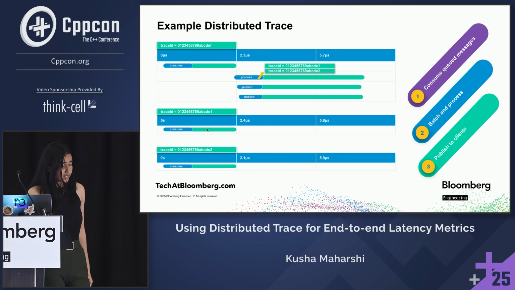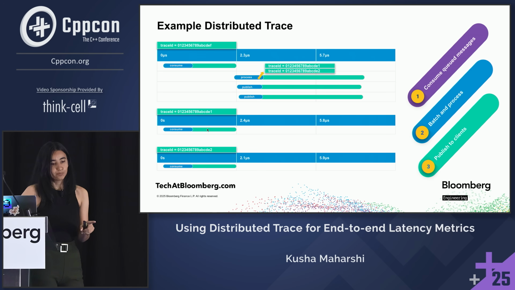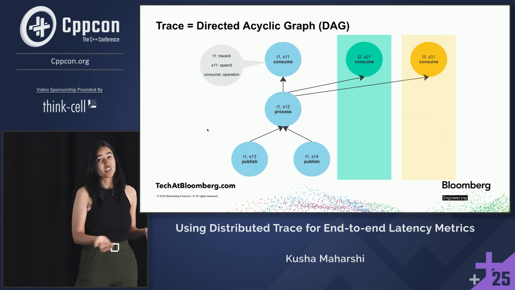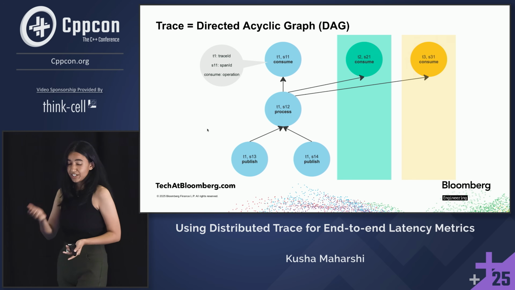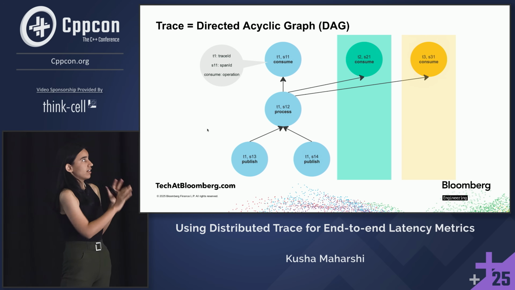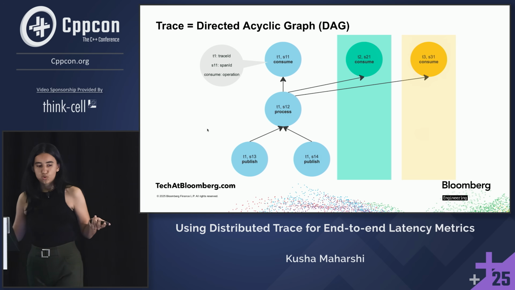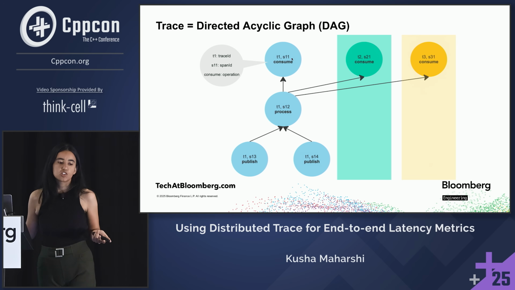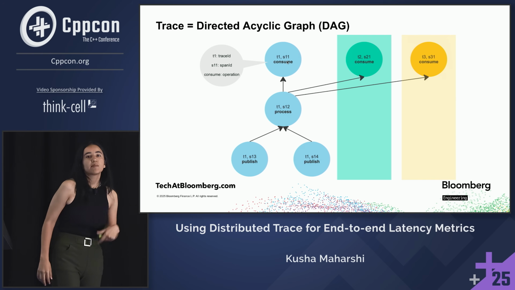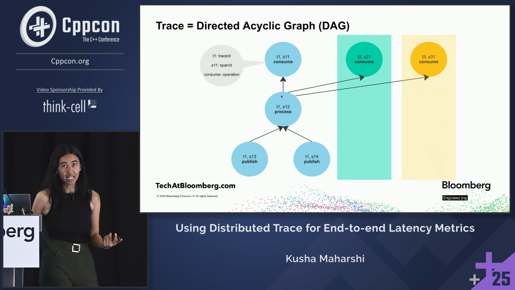Okay, so with that example, I want to take it one step forward, and I want to establish how a trace is actually essentially just a directed acyclic graph. So if you look at this image, you will see that a span is basically a node. And each node in this shorthand notation has a trace ID, a span ID, and the operation that it corresponds to. The same references that we talked about are maintained in this directionality of this DAG.